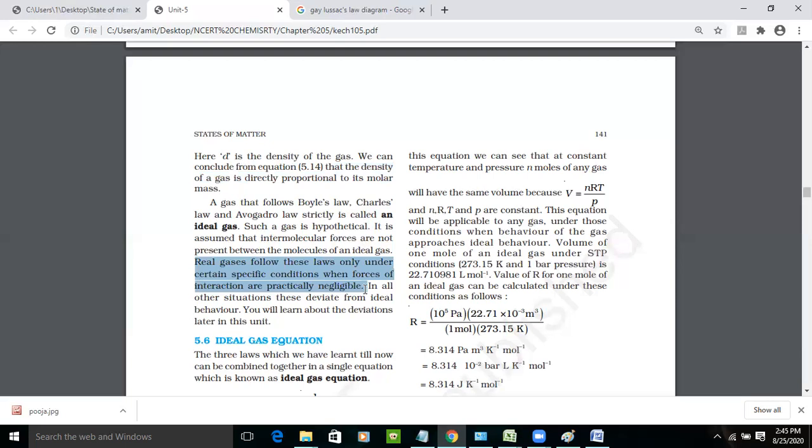So we can say that no gas on earth is a proper ideal gas, meaning no gas strictly follows all the laws and theories. So in all situations, deviation from ideal behavior can take place, even in standard situations.